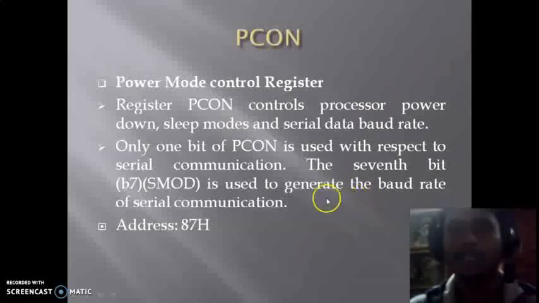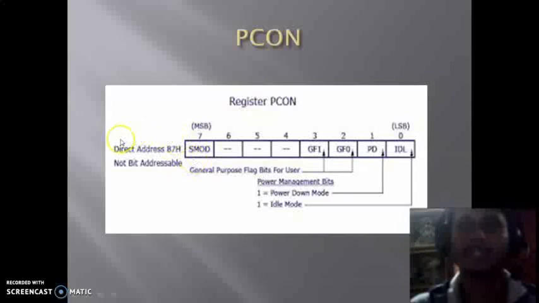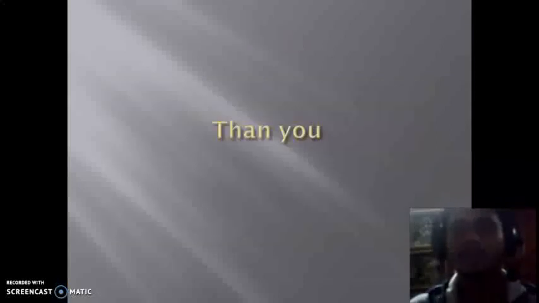The 87H address of the RAM is used for the PCON register. And here is the PCON register diagram, where we see that the 7th bit is used for baud rate generation. So that's all for serial communication.